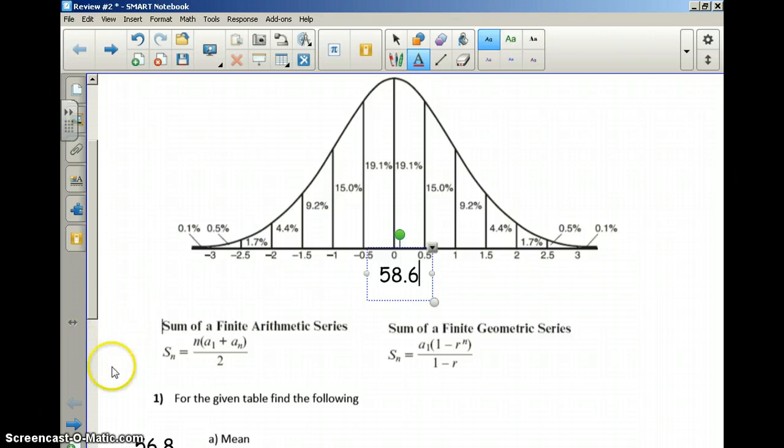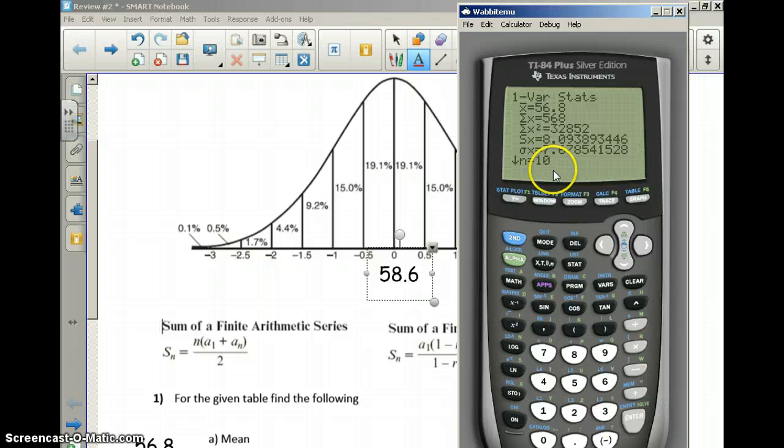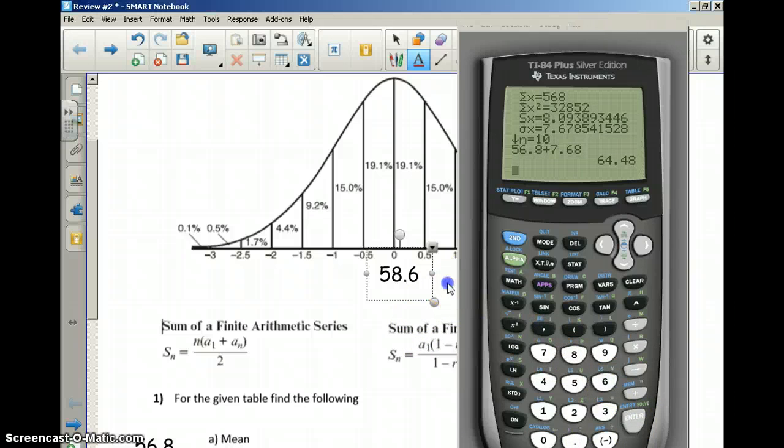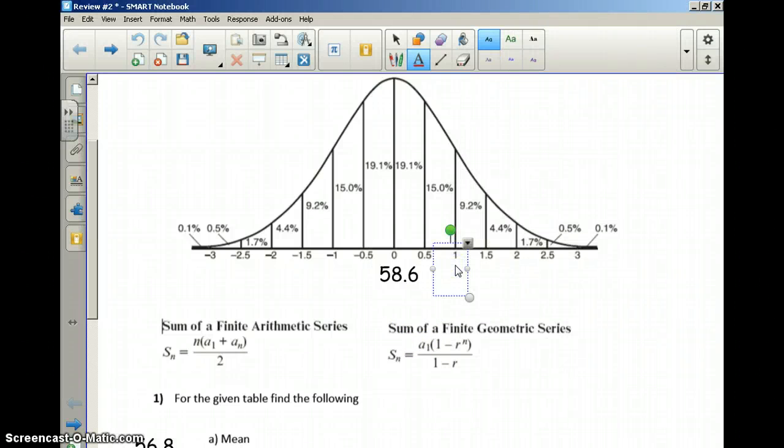my first deviation is going to be 56.8 plus 7.68. And that gives me 64.48, which I will put right here.